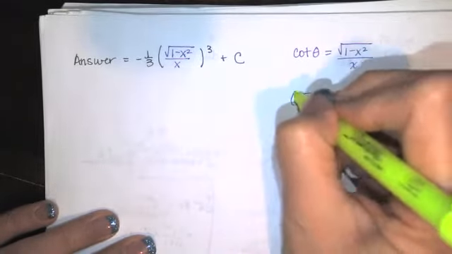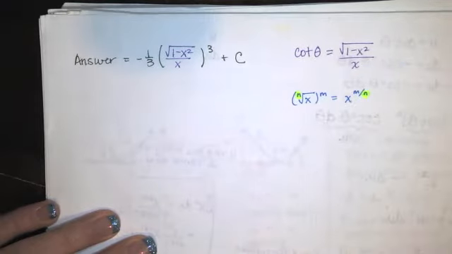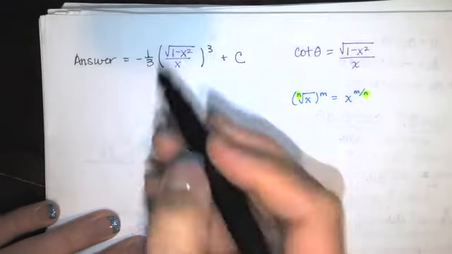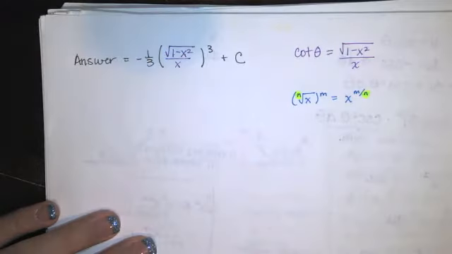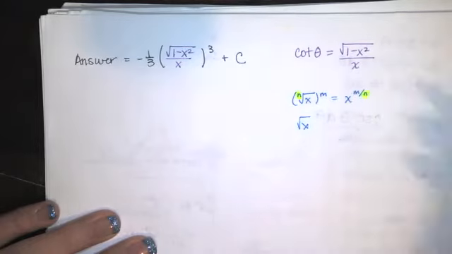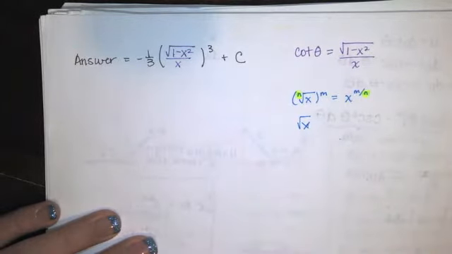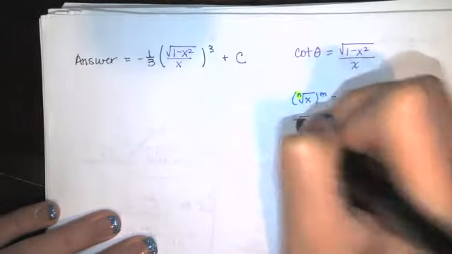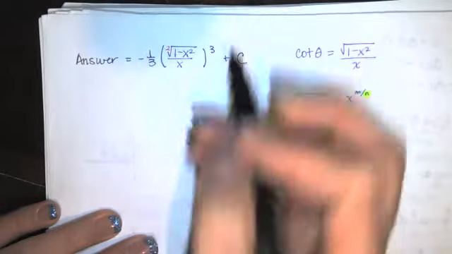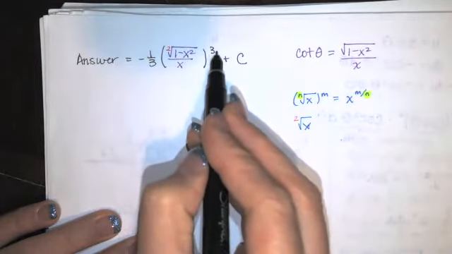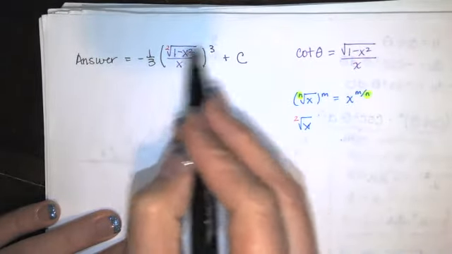So that means when I have the square root of 1 minus x squared, and remember with the square root of x, there's always an implied 2 there. That means this piece is actually the square root of 1 minus x squared, and then we're going to take that and cube it.